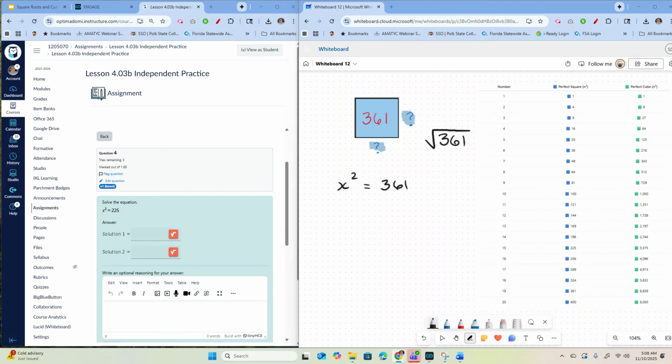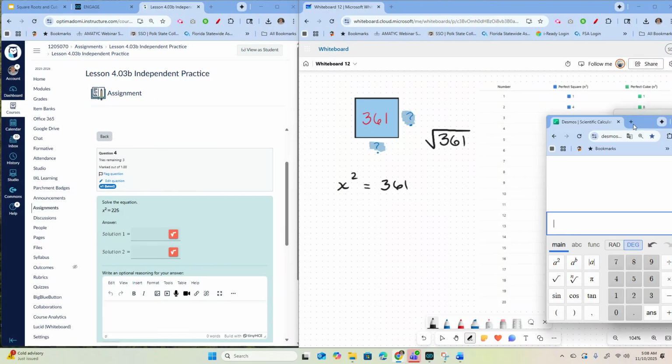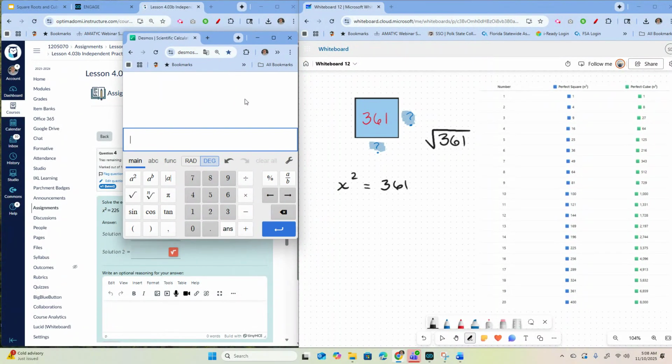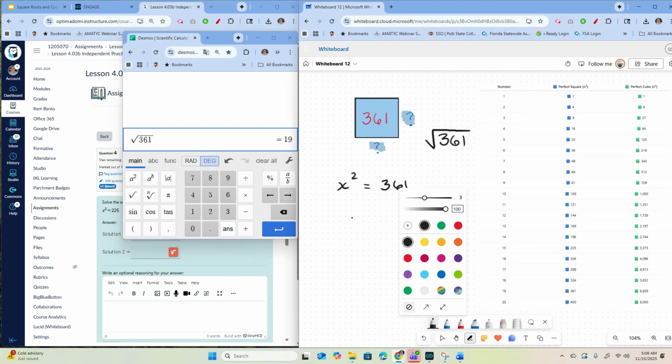So let's take our calculator. I suggest always start with a calculator and do the square root of 361. And you can see it's 19. So the number that goes on each side of the square is 19. The side of the square is the letter x. Okay, so the question mark is the x.